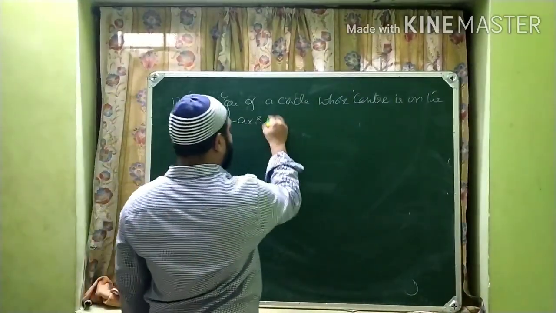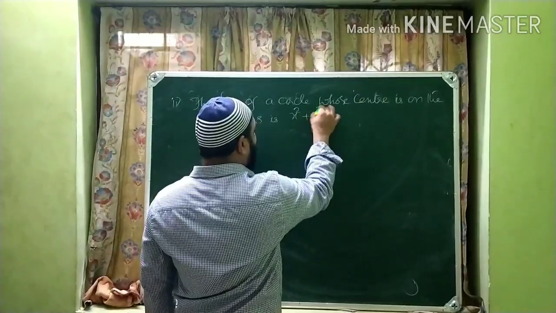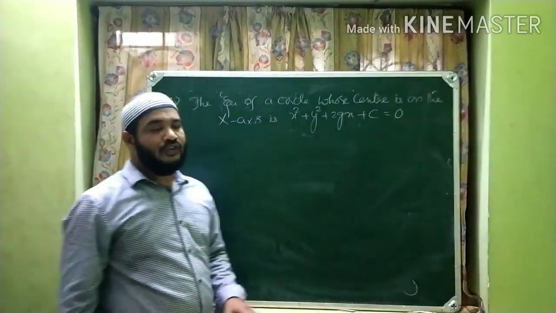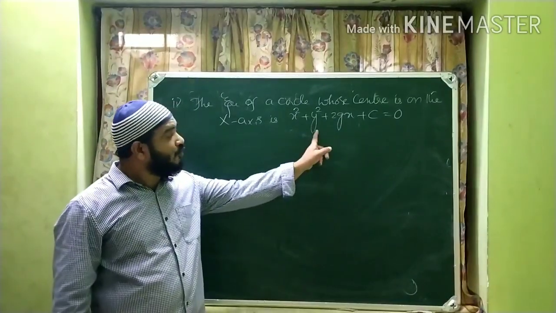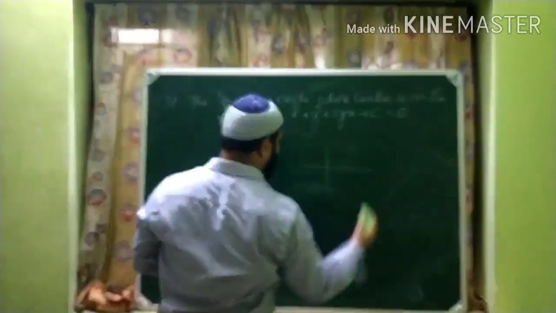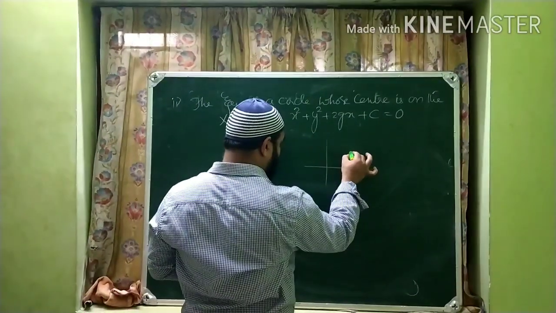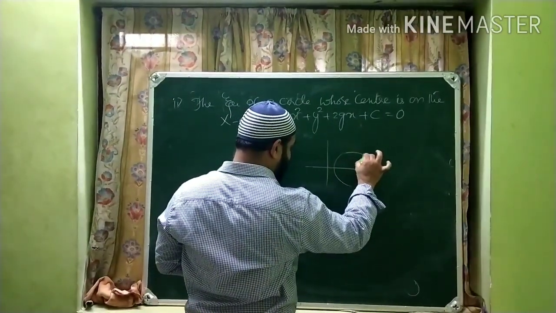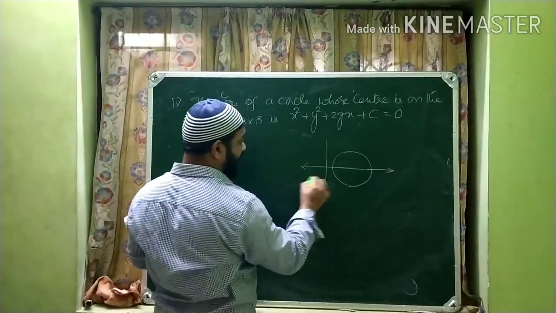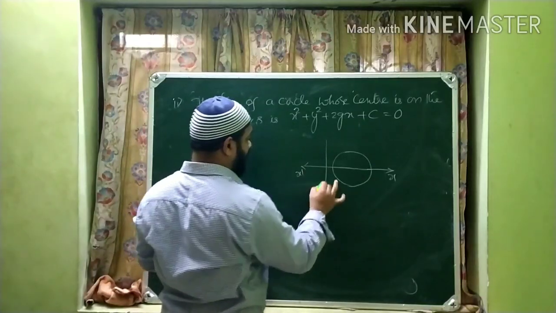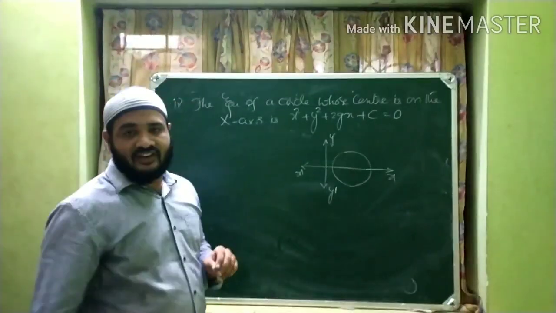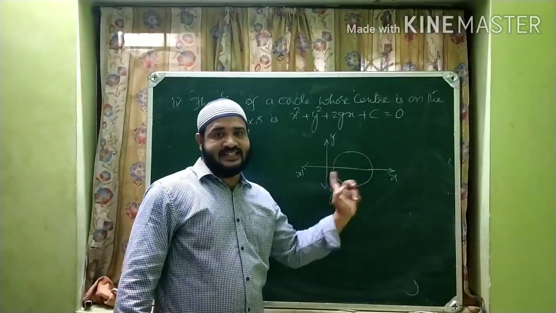It is x square plus y square plus 2gx plus c equals 0. You may be wondering, how do we get this? So let us take the circle. So the situation is like this. We are interested in finding the equation of this circle.